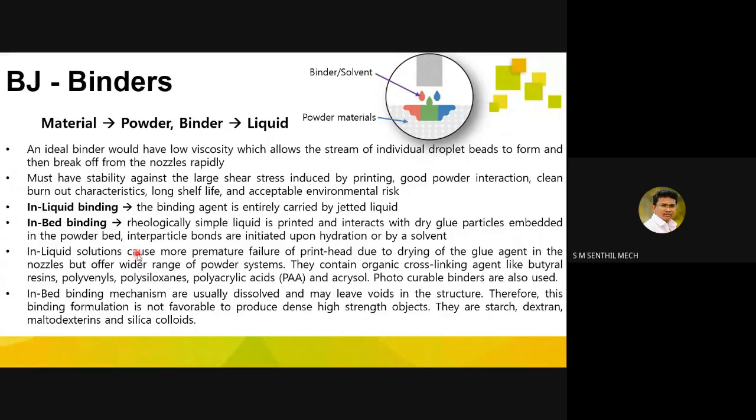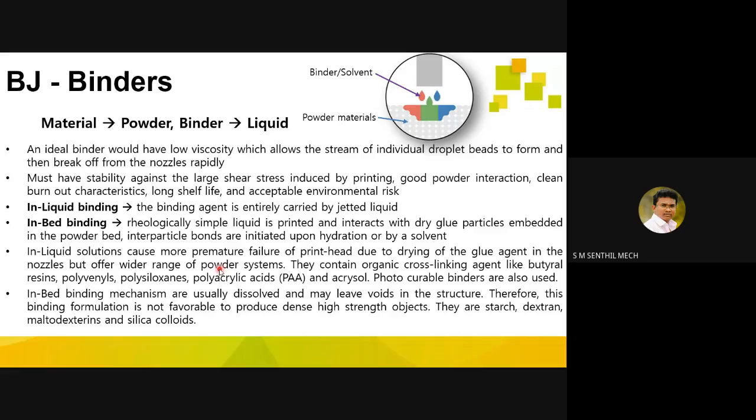In-liquid solutions have cross-linking agents like butyryl resins, polyvinyls, polysiloxanes, and polyacrylic acids. In-bed mechanisms have starch, dextrin, maltodextrin, and silica colloids. Usually if you use the in-bed mechanism, there will be much higher voids because it won't have proper penetration.